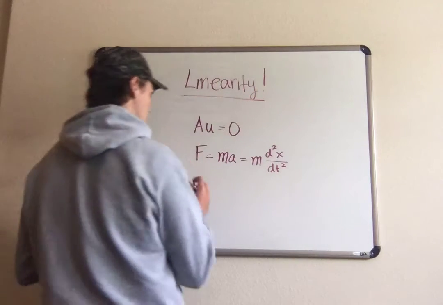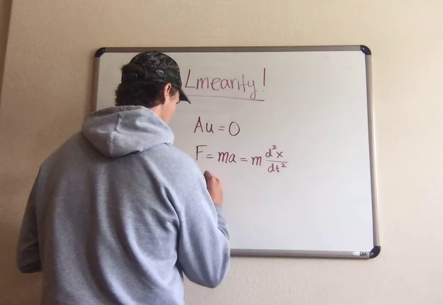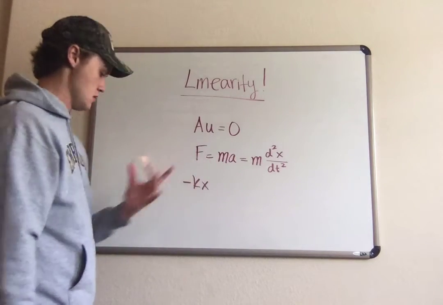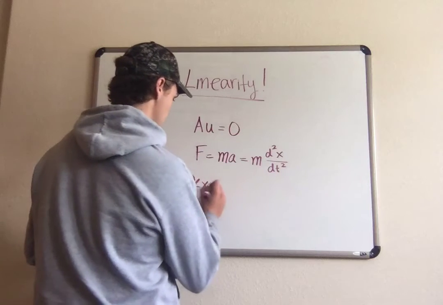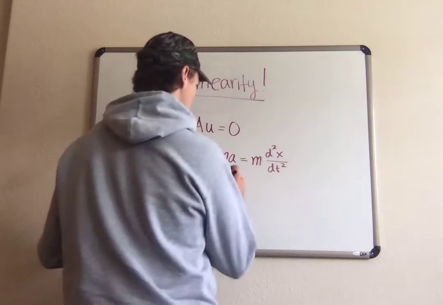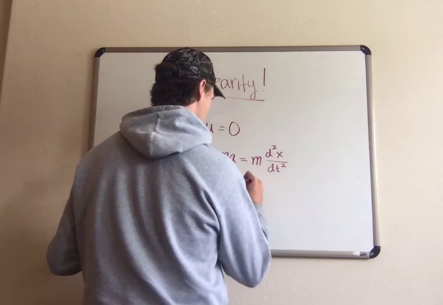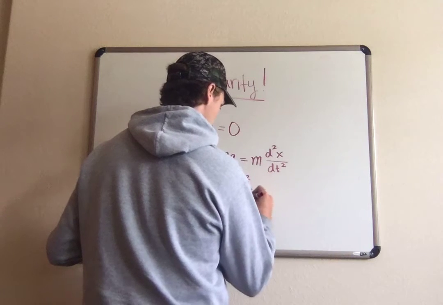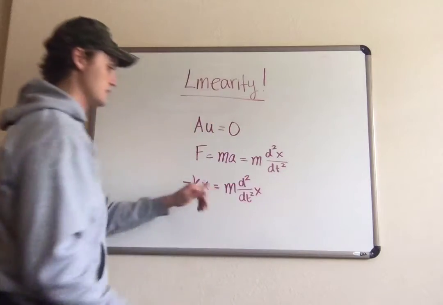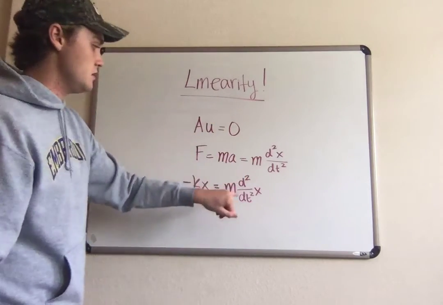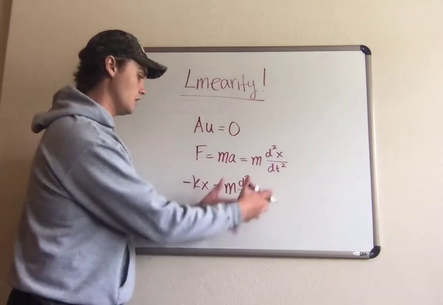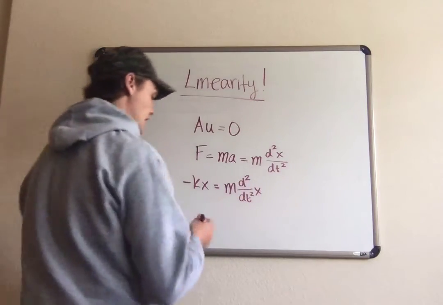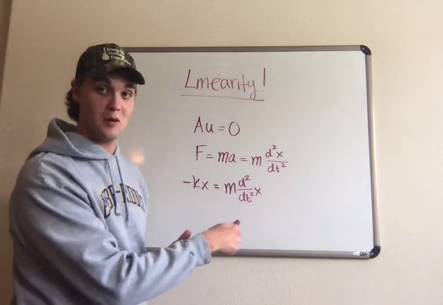We also know that for a spring, force is dependent on the position of the mass that's being oscillated, minus kx. So we'll equate those: m d squared x dt squared, so this is kind of like d squared dt squared, or the second derivative acting on x. You can kind of think of this as an operator itself. And coincidentally, that's a linear operator, but anyway.